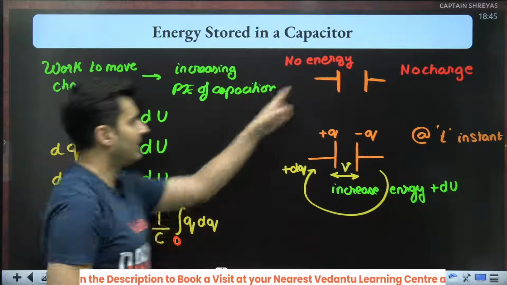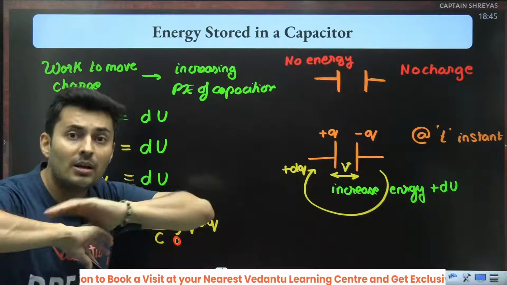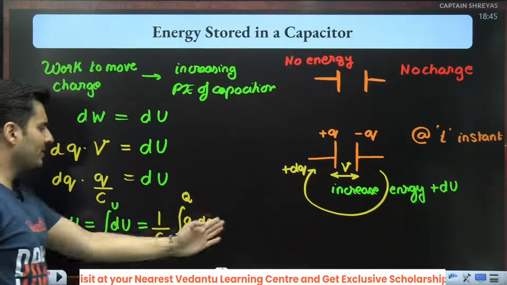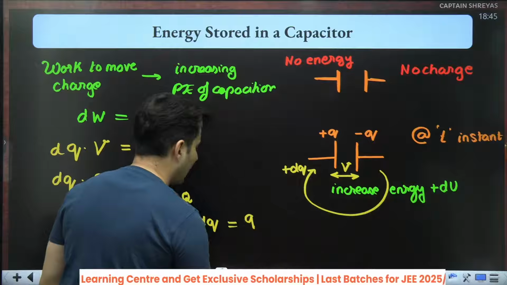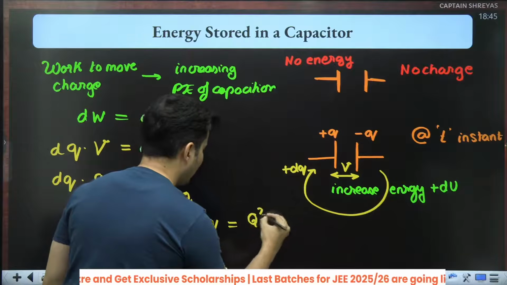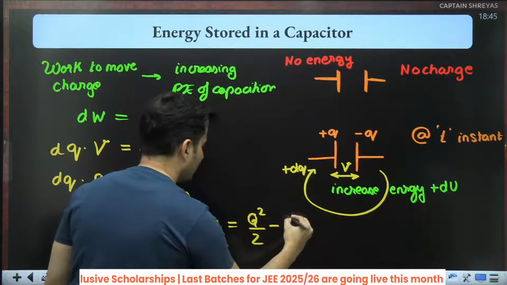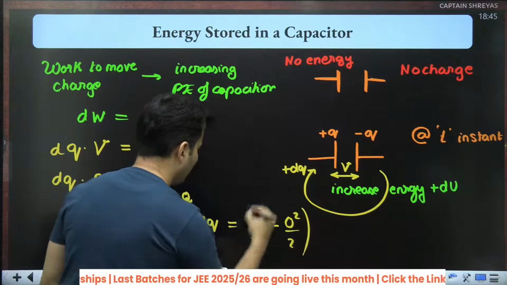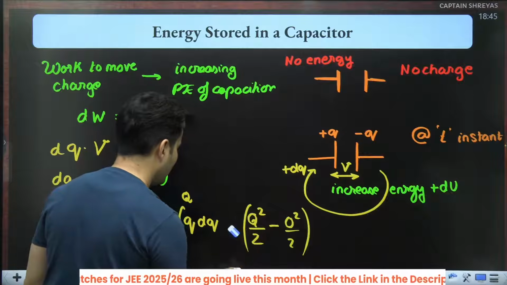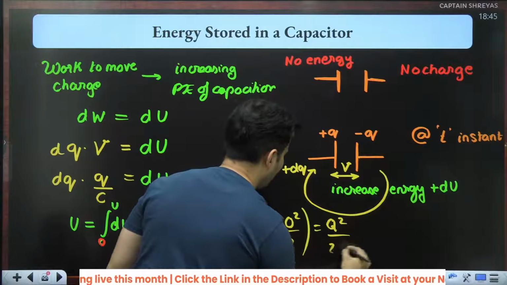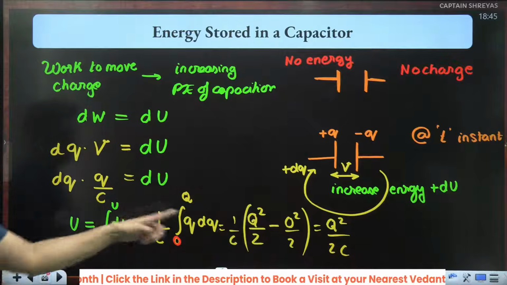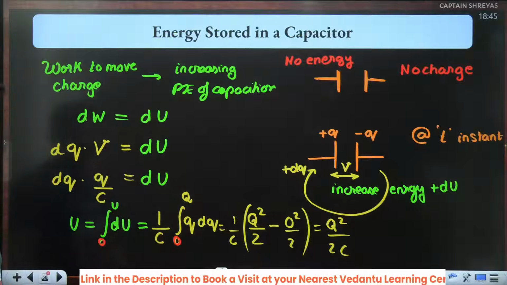This state is exactly the original initial state when nothing was there on it. What is q dq's integration? It is nothing but capital Q square by 2. So it will be capital Q square by 2 minus 0 square by 2. The whole thing, you will have 1 by C over here, which is Q square divided by 2C. So the energy stored in the capacitor is charge square by 2C.